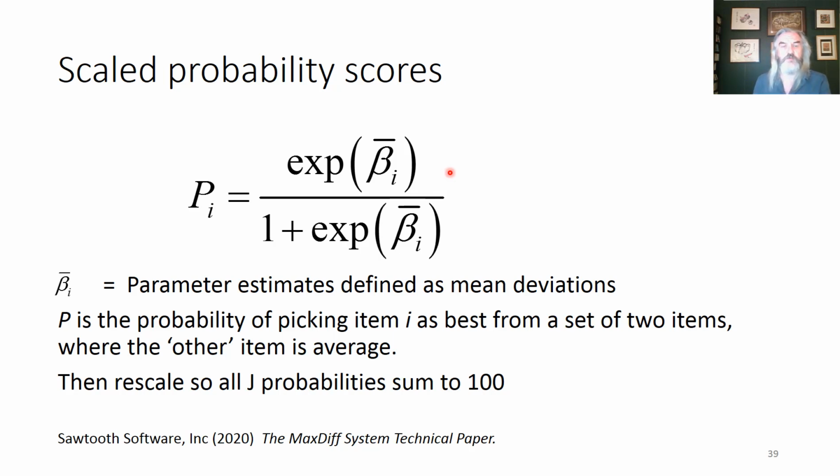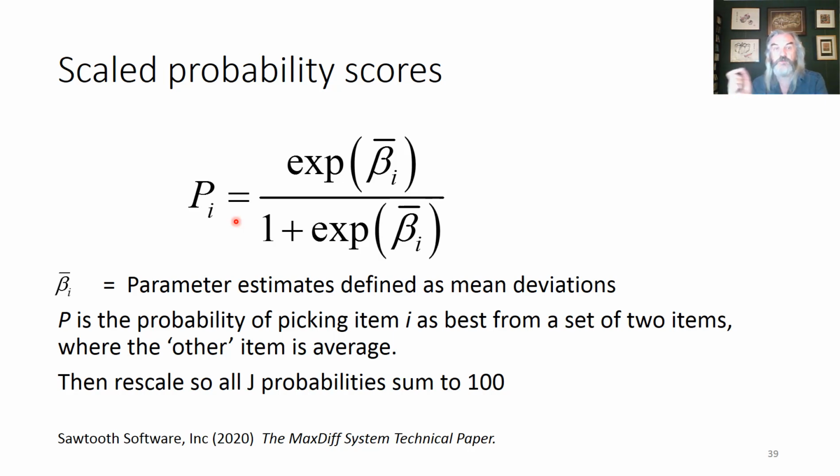Well, this is the probability of picking item i as the best when we have two items in a set where the other item is an average, because the implied beta bar for the average item is 0, exponential of 0 is 1, so that's why this 1 is here. So this is just working out the probability that we would have picked item i as best if it was in a set of two items and the other item was in some sense average.